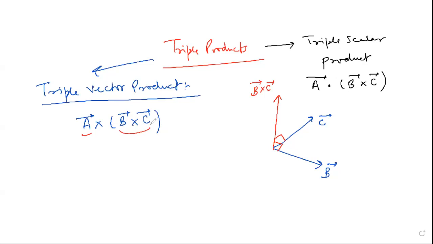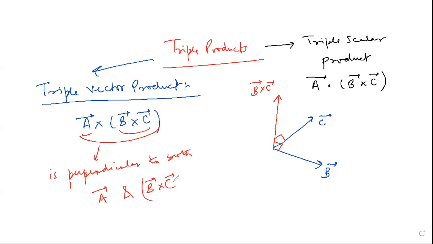Now using the same idea for A cross B cross C, treat this B cross C as a single vector. Then A cross B cross C is perpendicular to both A and B cross C, right?